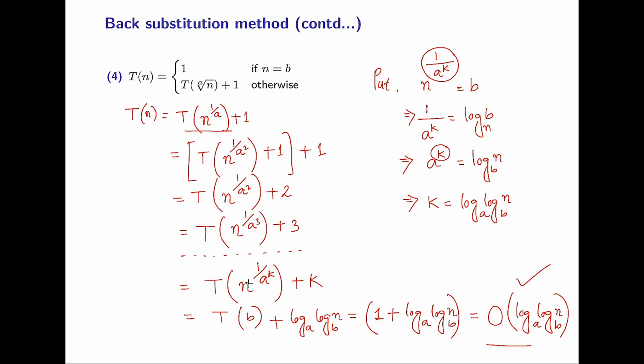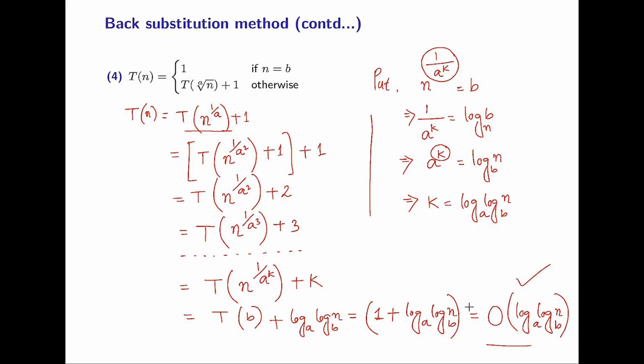If we can find a pattern, we write in terms of k, assuming that at some k it will stop. What is the stopping criteria? We need to reach the base condition. This base condition will be given, so you try to meet it, and accordingly you find the unknown parameter, here k.